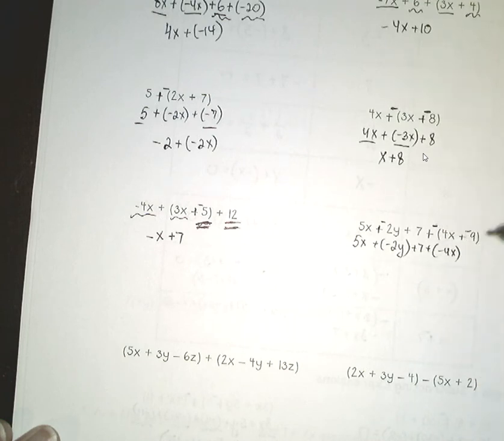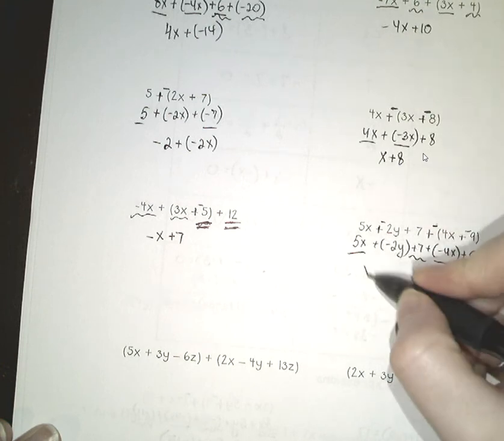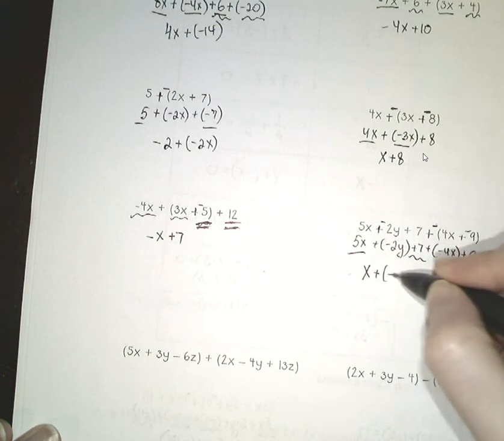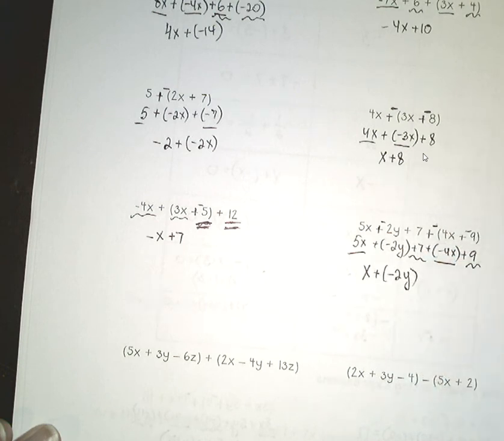The opposite of negative 9 is positive 9. Now that I changed them all into addition, I can combine like terms. So I have 5x and negative 4x, and I have 7 and 9 to combine. 5x plus negative 4x is 1x, or just x. Then I can have negative 2y because it didn't change anything in any way. And then I have 7 plus 9 is 16. X plus negative 2y plus 16.